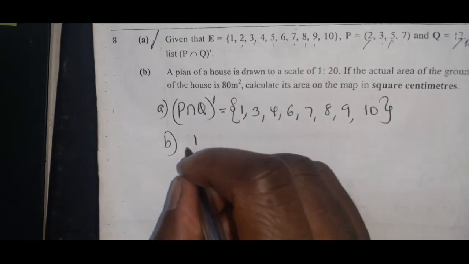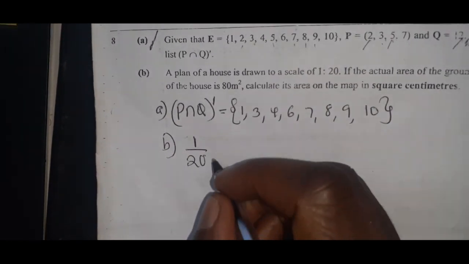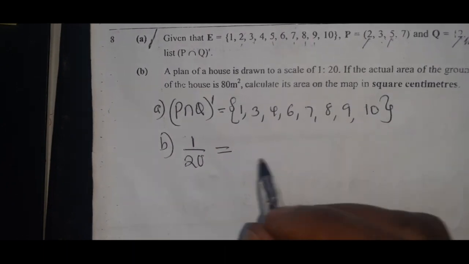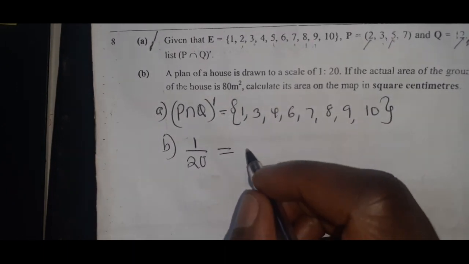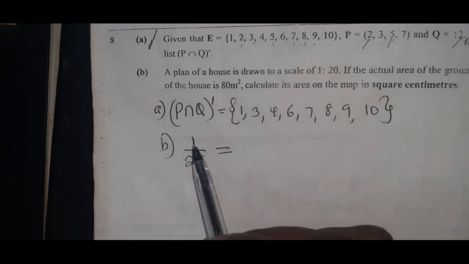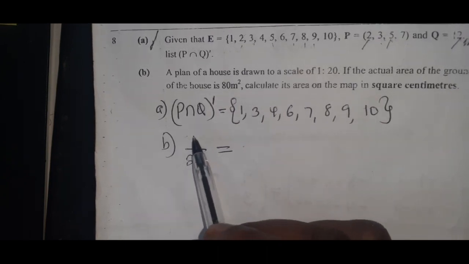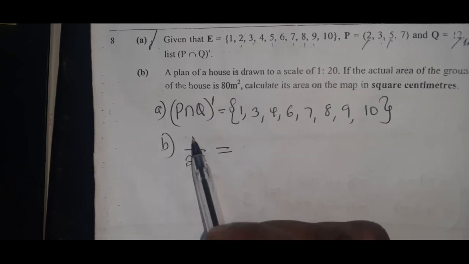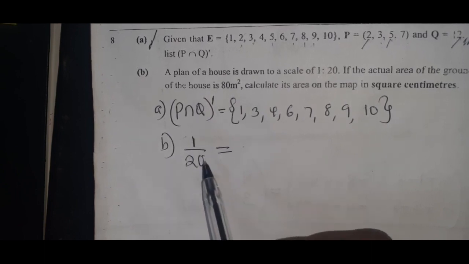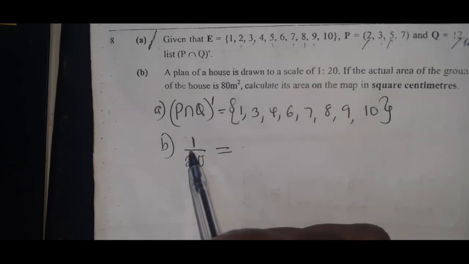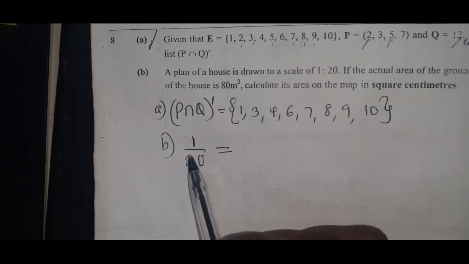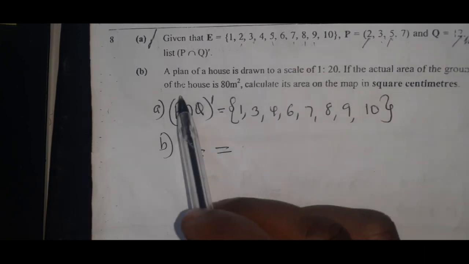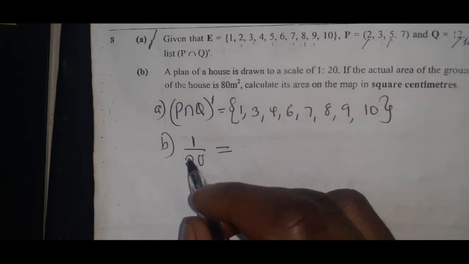So we say 1 to 20. This is on the ground. Then this is a measurement on the map: 1 centimeter on the map represents 20 centimeters on the ground. Okay, so if the actual area of the house, the actual is this one.